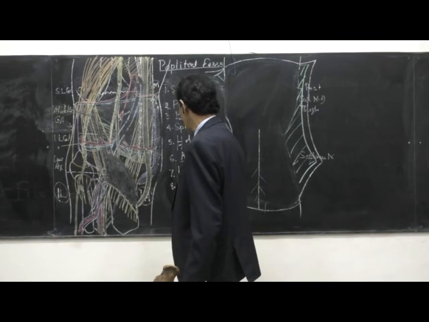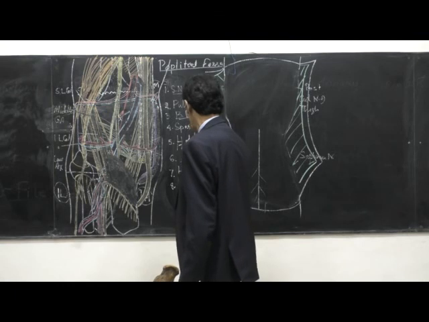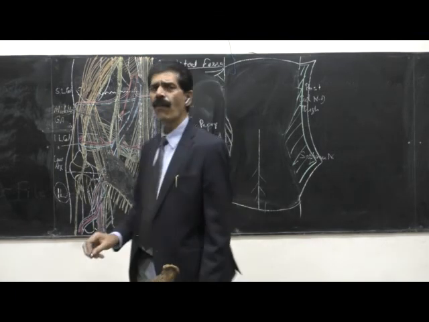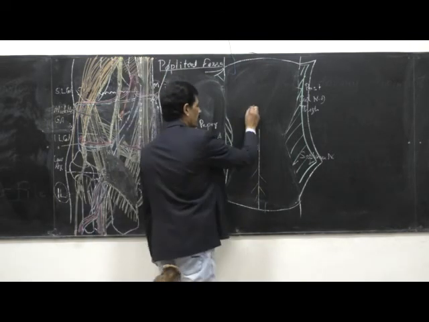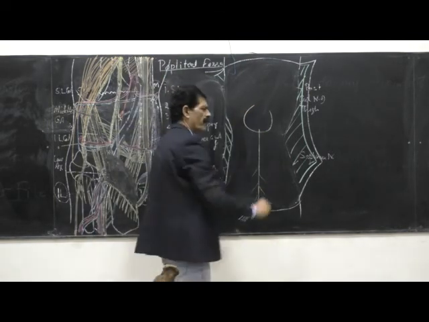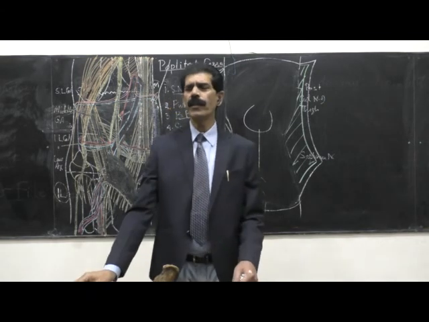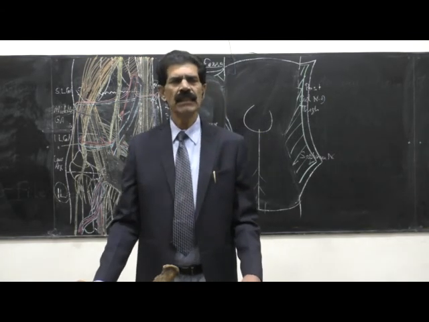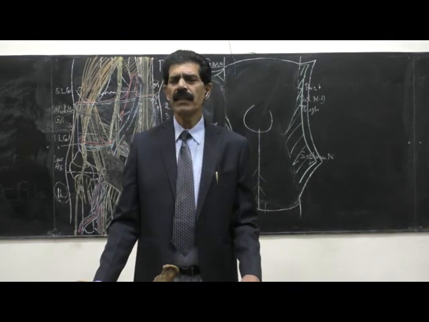Then popliteal cyst. So a popliteal cyst is a swelling, usually in the middle of the popliteal fossa. This is called the popliteal cyst.